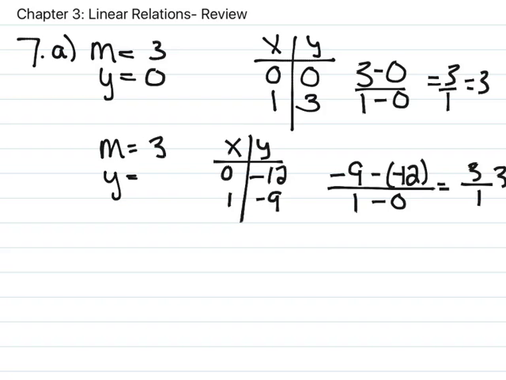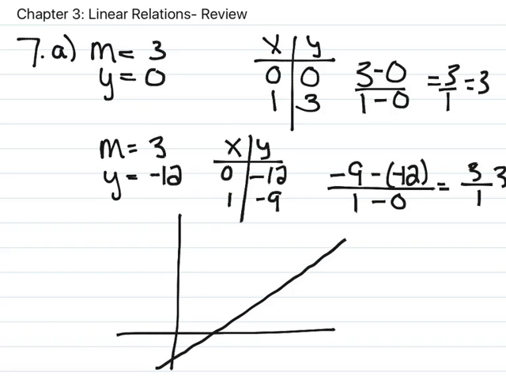And your y-intercept, when x is 0, is negative 12. If I were to graph this, you'll see that they're parallel. We'll have a line coming through, something like this, where this is negative 12, and your slope is 3. And then you have a line with the same slope coming up through the origin. M is 3. So yes, they are parallel.